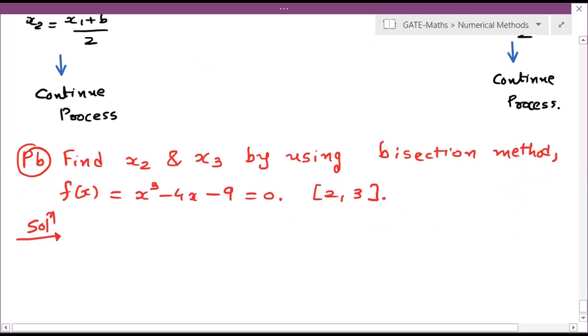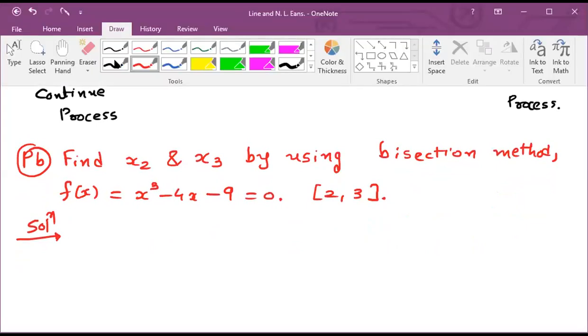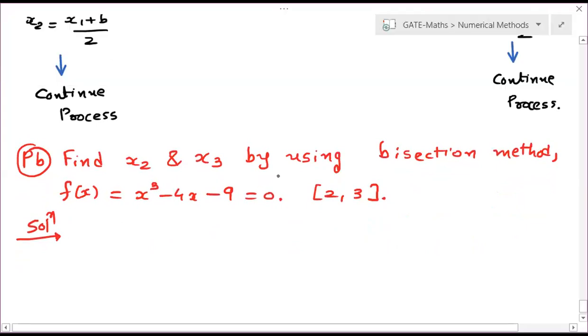Here, if f of x is x cube minus 4x minus 9, what is our first condition? If this is a to b, then first we have to find f of a and f of b.